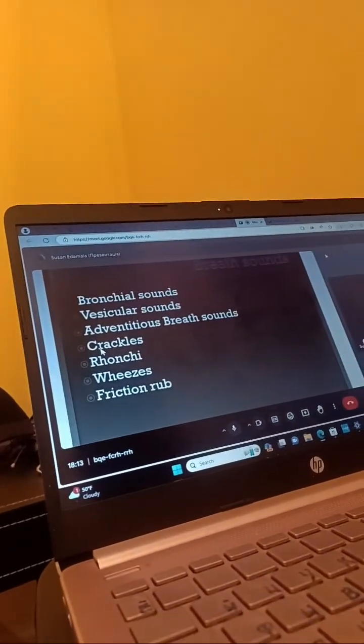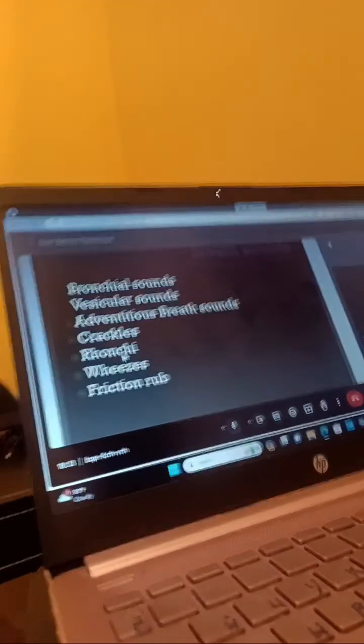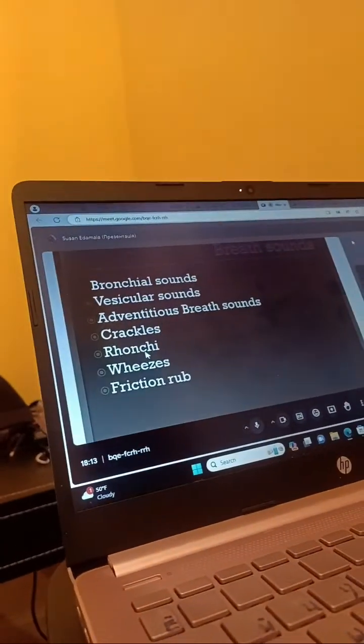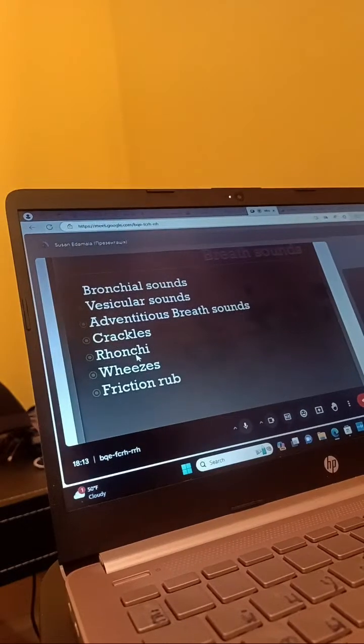Then rhonchi is that kind of sound, as if there is secretion moving, phlegm moving in the respiratory tract. That means it is rhonchi. In which cases do you think we'll have rhonchi, when there is phlegm?